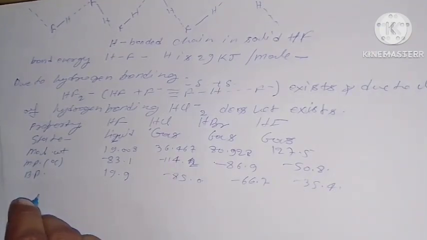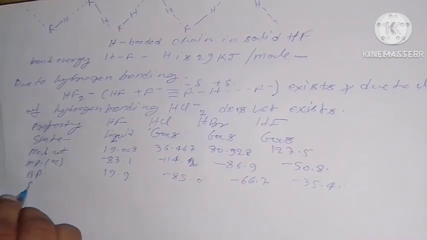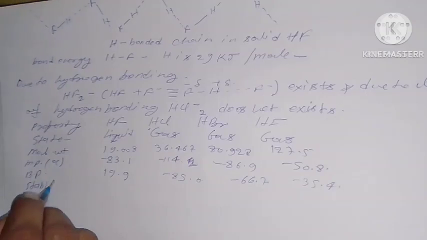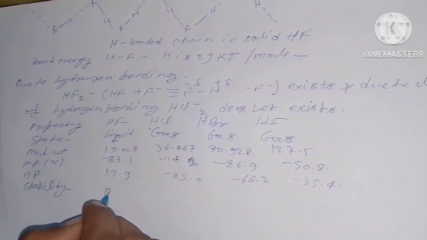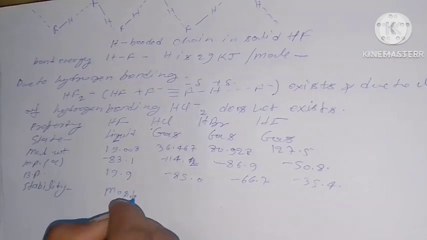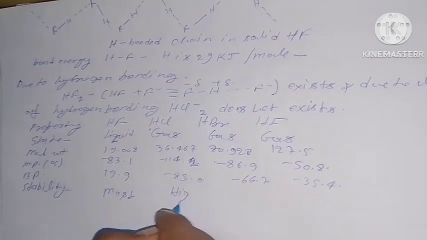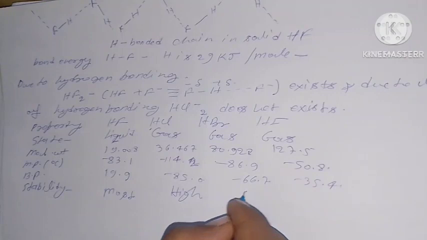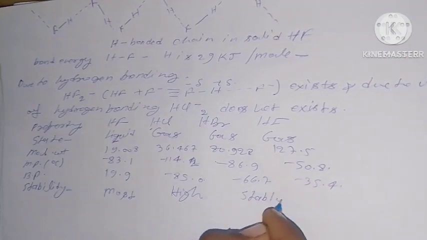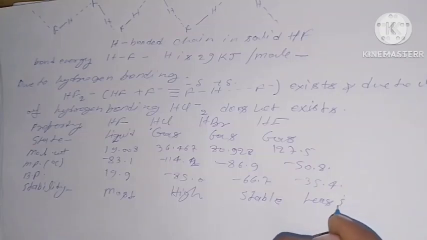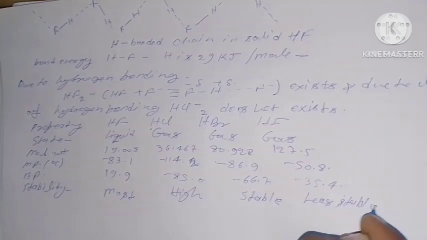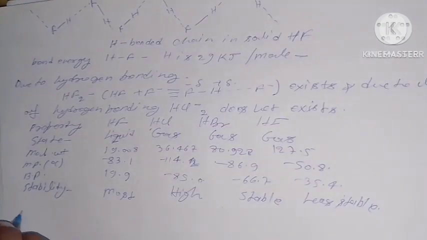Density. Stability: most stable, highly stable, least stable.